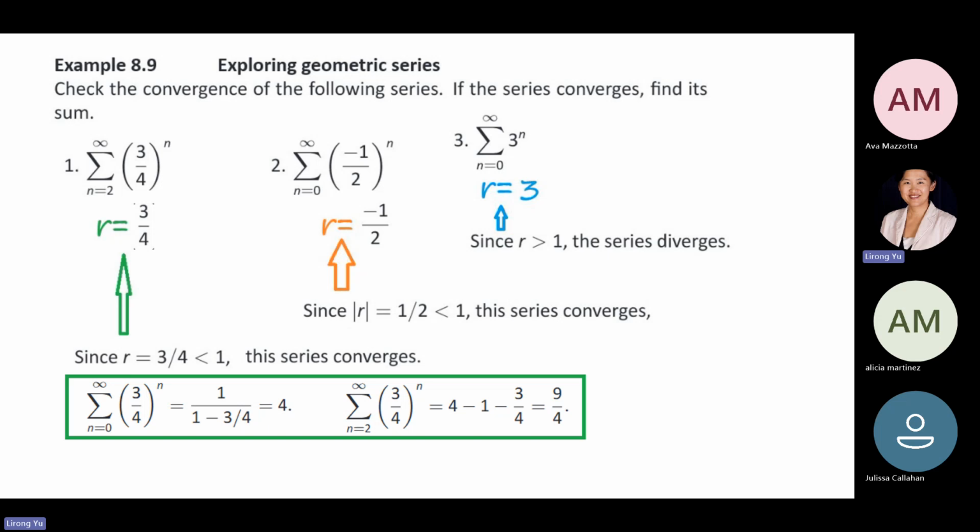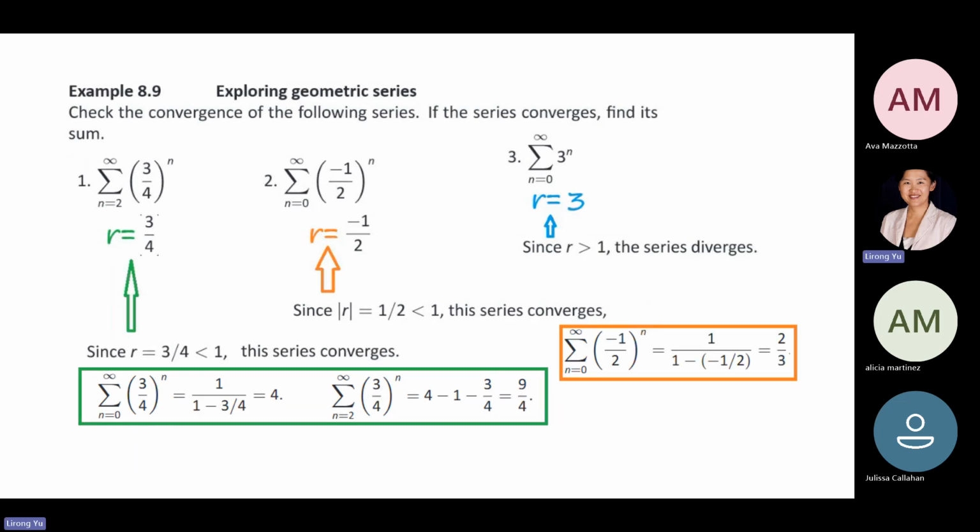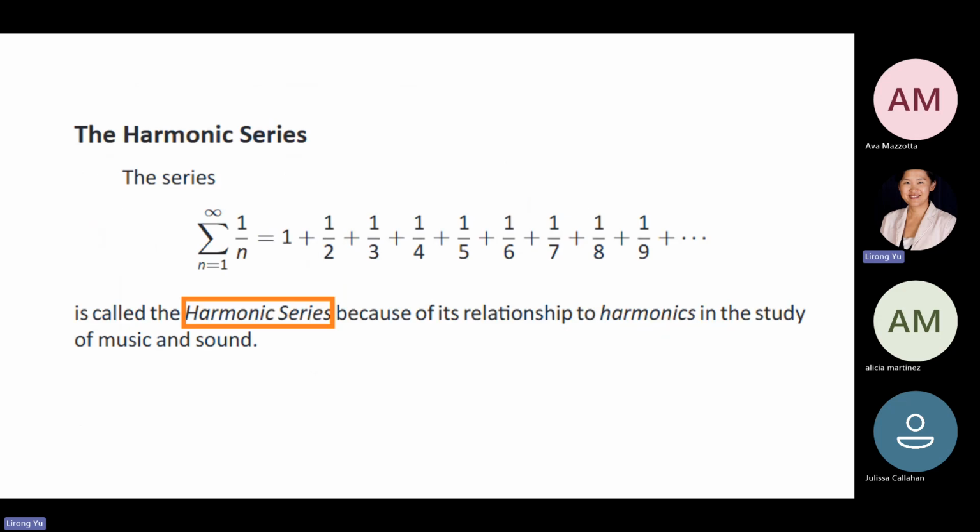That was the original formula applying geometric series, and the bottom right is when a equals 2 and we start from 2, subtracting the first two terms. Any question? And then the second example starts from n equal to 0, so 1 over 1 minus r, where r is negative 1/2. That's all we need to calculate the total sum.